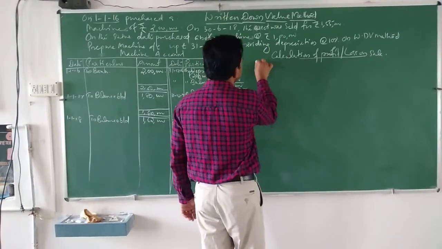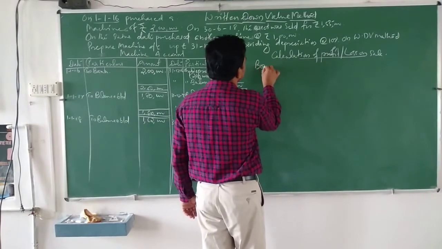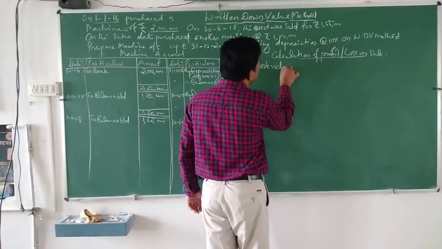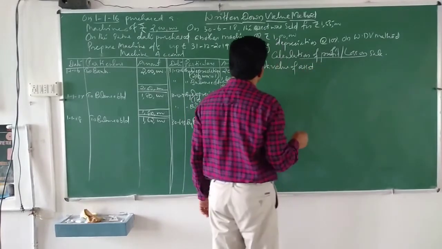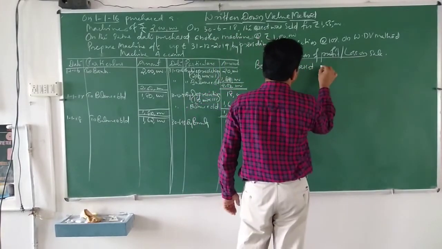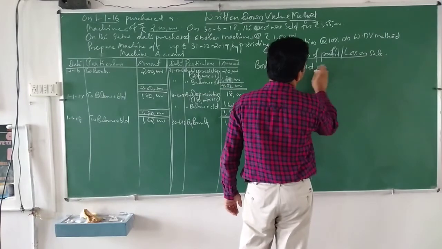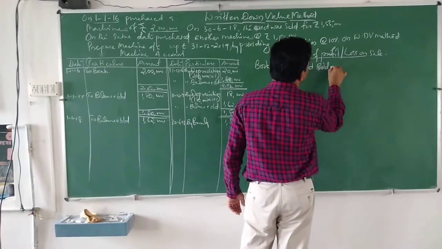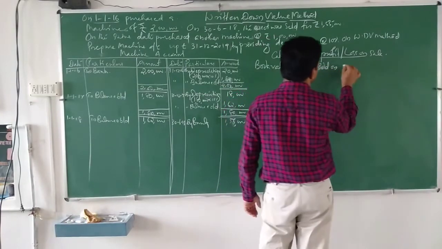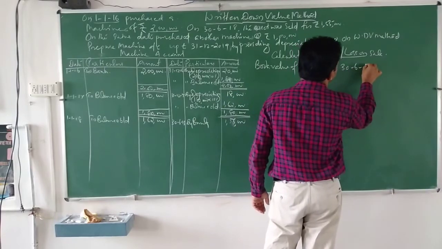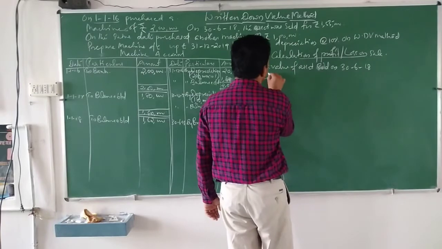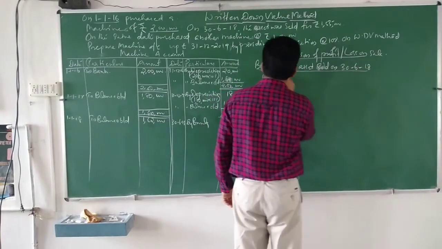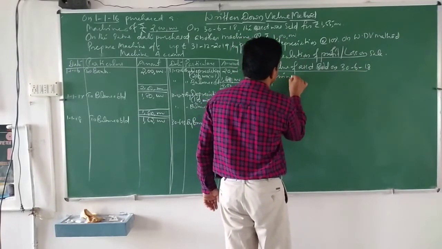Then book value of assets sold on 30/6/2018. That's what we have to calculate. It's opening balance.